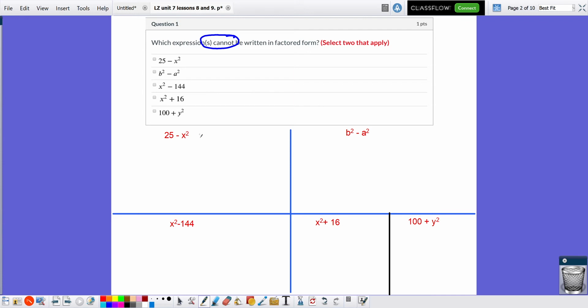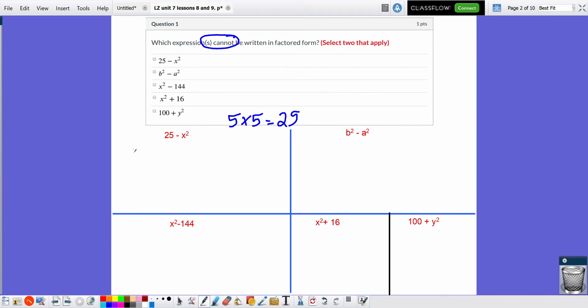So I know that the x will cancel. So when I see this, I know that 5 times 5 equals 25, right? And I also know that negative 5 times negative 5 is also 25.